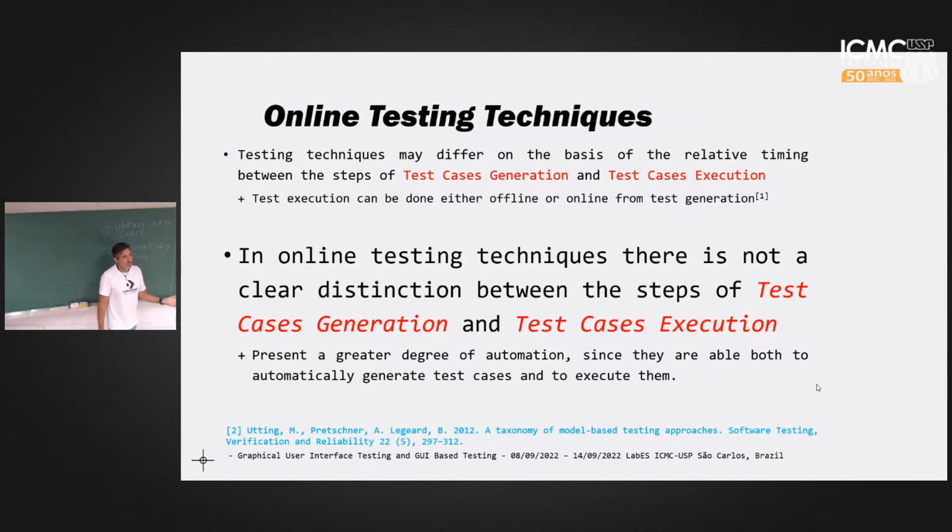Usually, the models used for representing the GUI of the application are finite state machines and event flow graphs. As the professor asked, in some cases we may have other kinds of models, like sequence diagrams or activity diagrams, but usually finite state machines are the most used for representing the GUI.